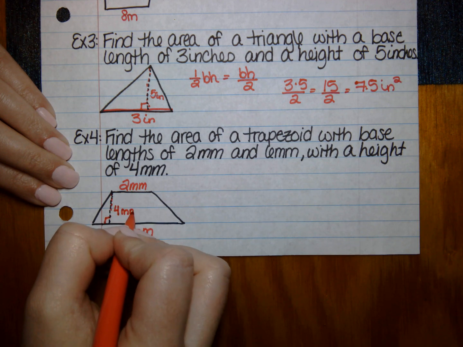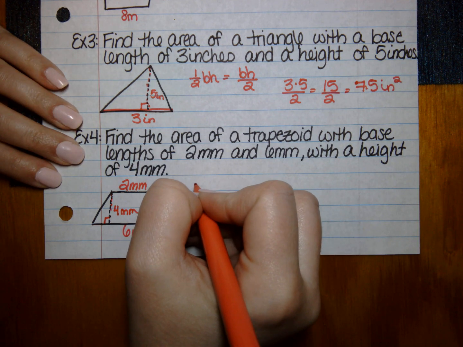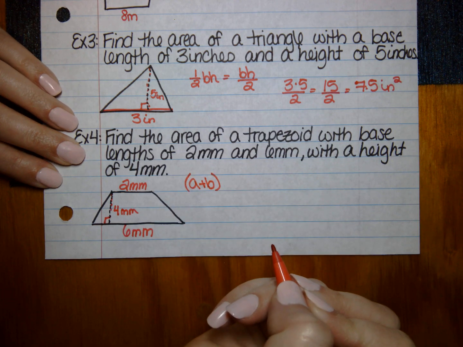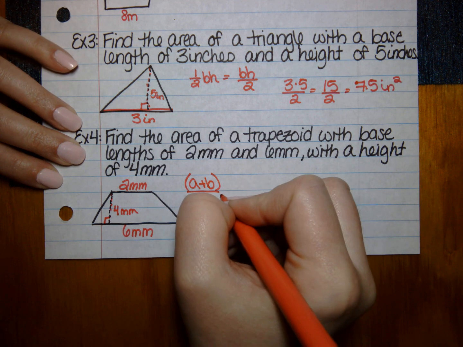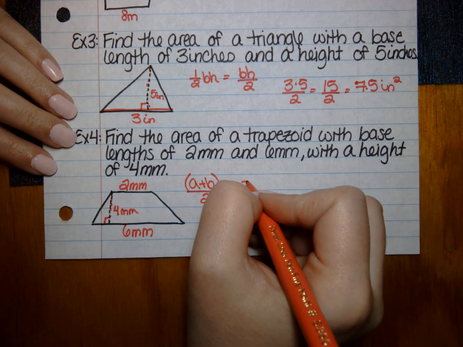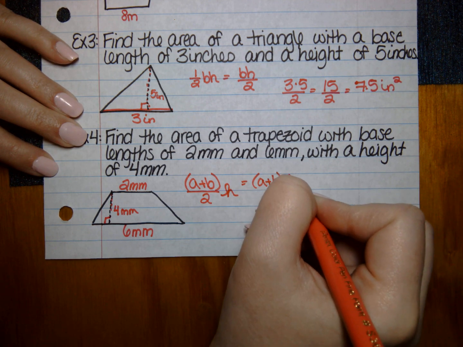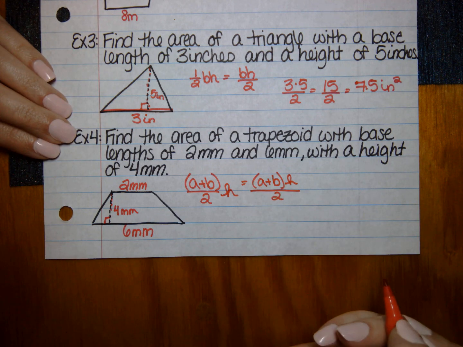And this has a value of 4 millimeters. This equation is a little trickier, so the way that we solve this is a plus b, the sum of your 2 bases. You're then going to divide that by 2, and then multiply the whole thing by your height. Again, we can write this as a plus b times my height, and then divide it by 2. Either of those are correct.